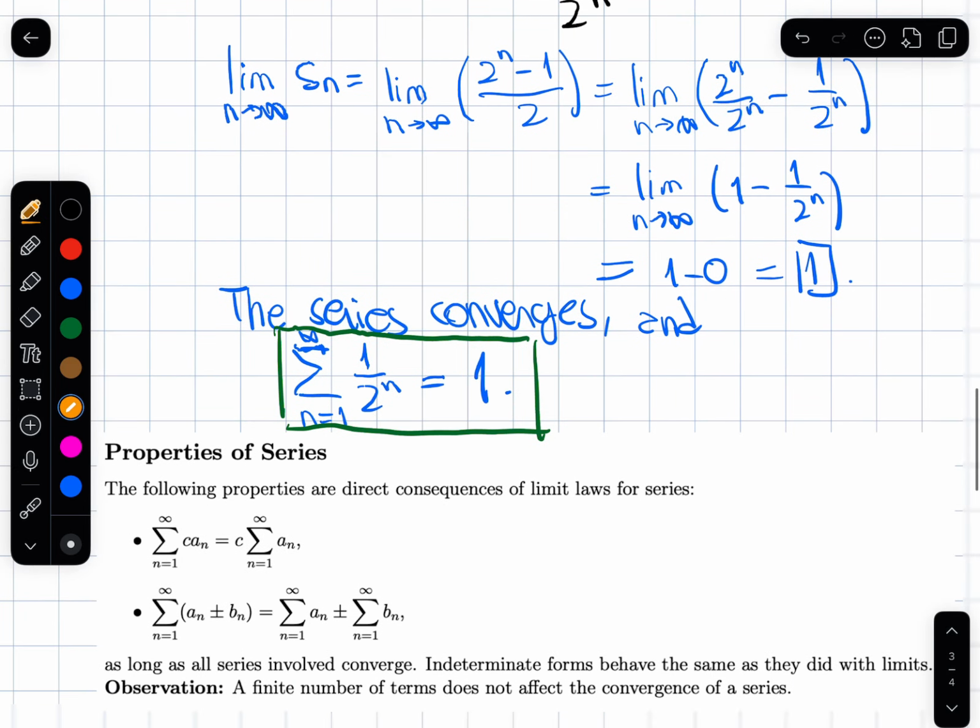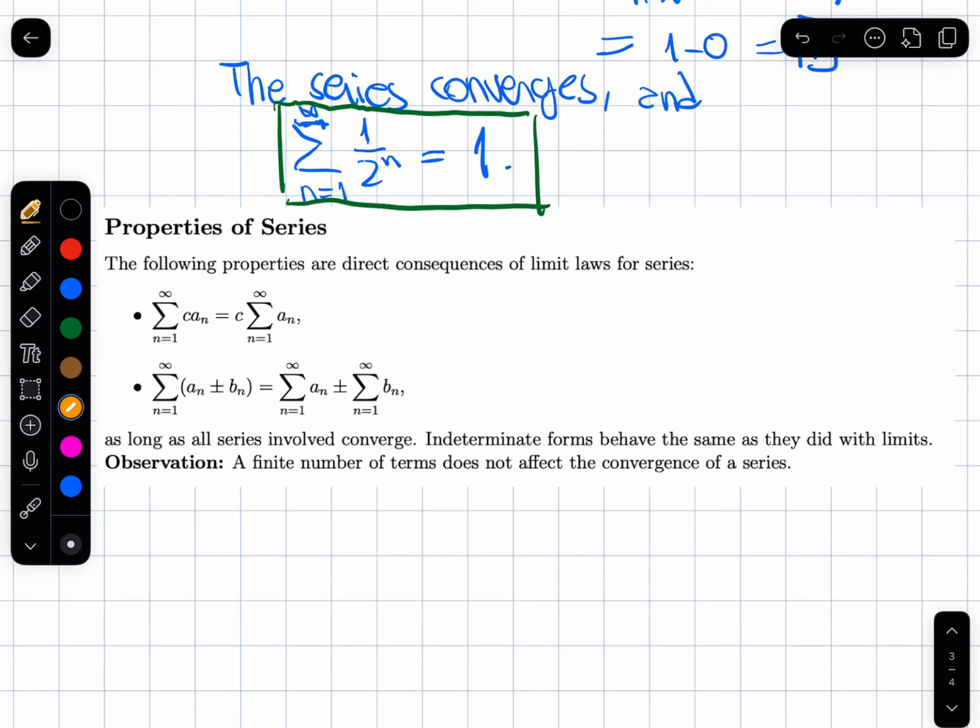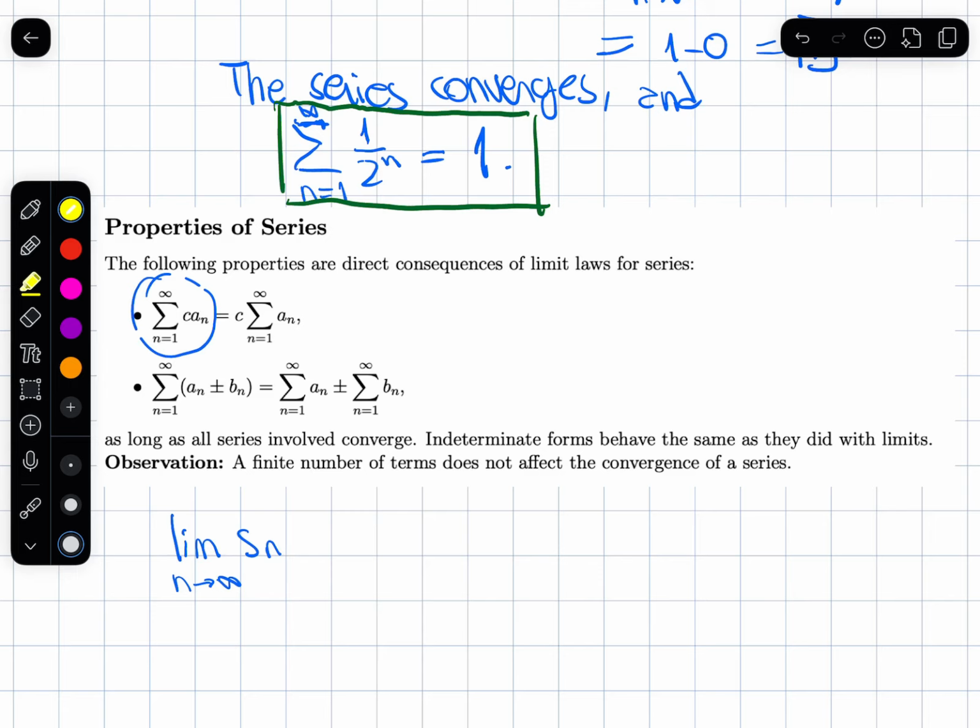Now I want to talk a little bit about the properties of series, only for a few minutes, because every time you see this expression, you have to think of this as the limit of something. So every property that holds for limits should hold for series, even in indeterminate forms, such as infinity over infinity, and so on.